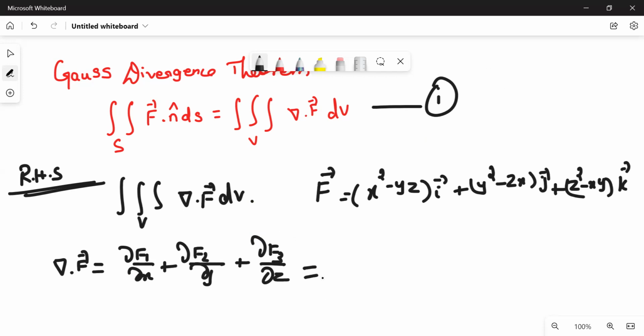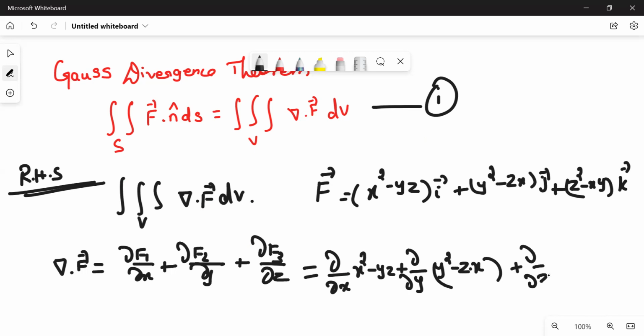So here f1, f2, f3 are specifically given. Let us find ∂/∂x of x² − yz, plus ∂/∂y of y² − zx, plus ∂/∂z of z² − xy.